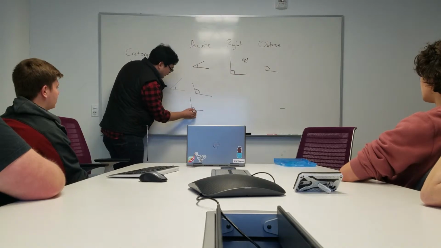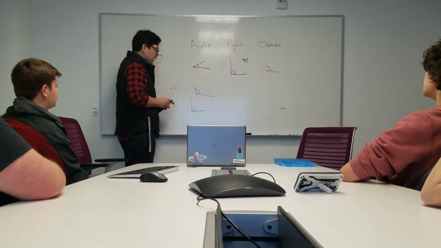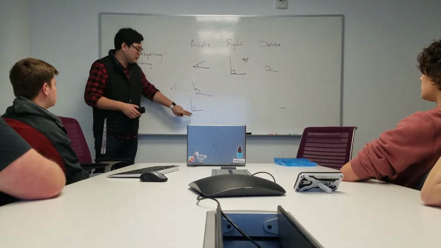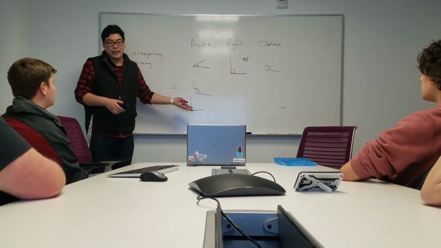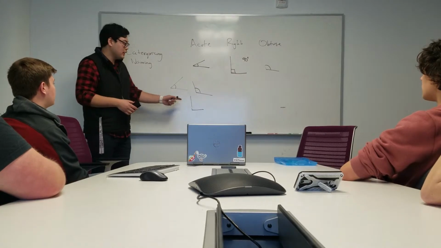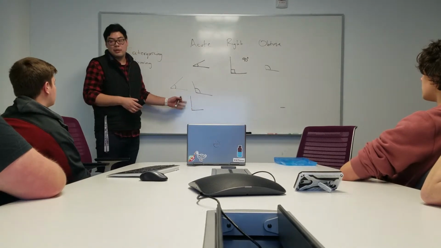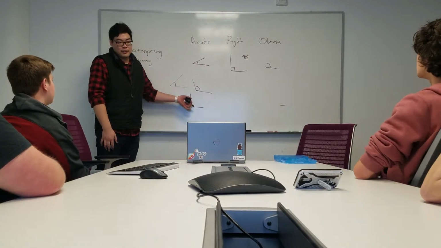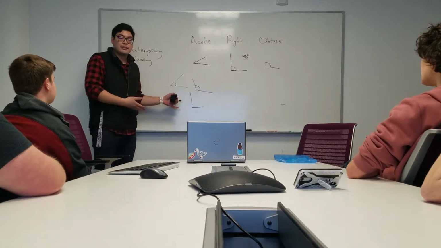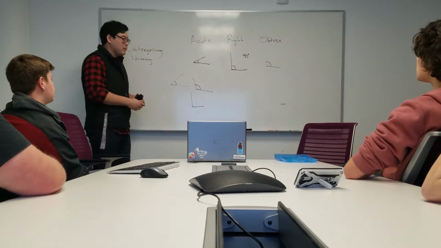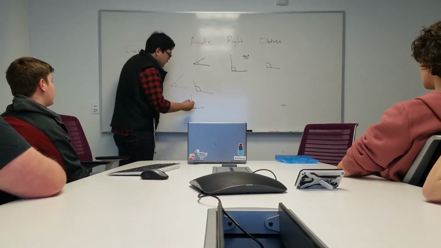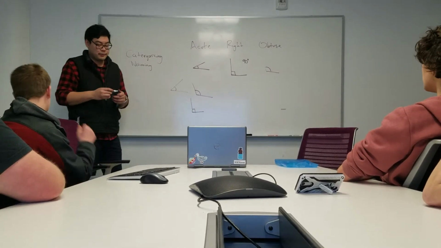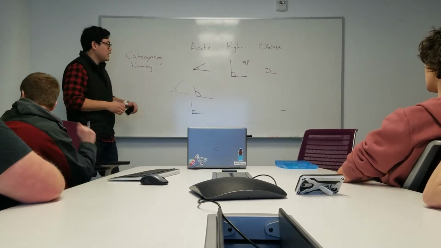If it had the box, then it'd be a right angle. But you can't just visually see an angle and assume it's a right angle. This could be either an acute or an obtuse angle. If it's 89 degrees, it's acute. If it's 91 degrees, it's obtuse. So make sure when you look at your problems that it has this symbol to show that it is a right angle. So, that's a little practice.